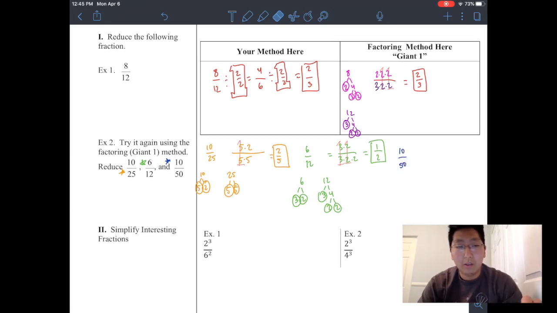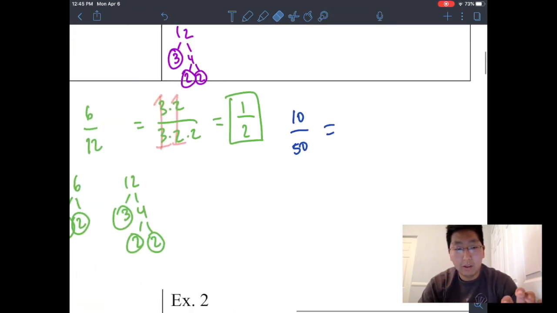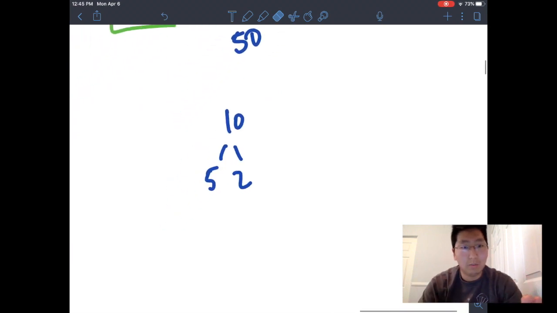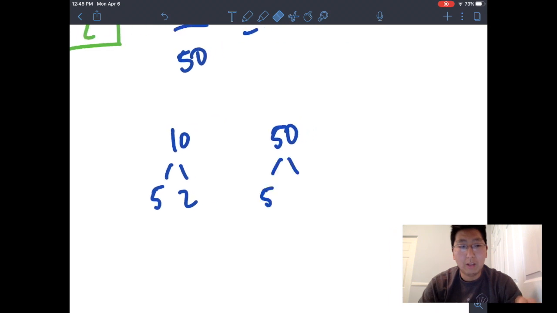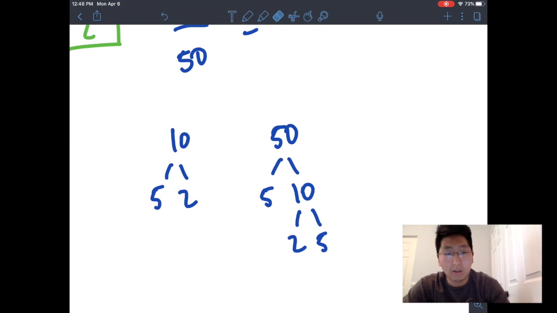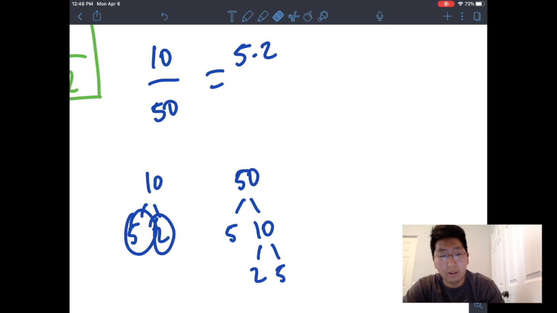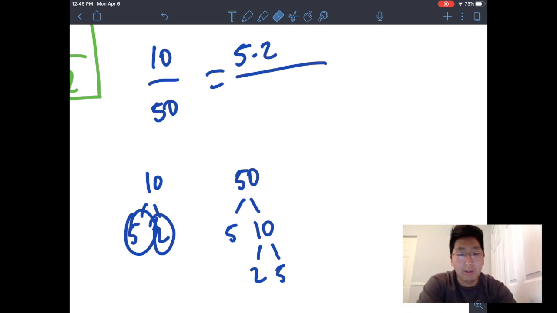All right. 10 over 50, we're going to break up 10. 10, we can break up to 5 times 2. That's broken down. 50, we could do 5 times 10. And then 10, we have to break down to 2 times 5. Okay? So instead of writing 10, I'm going to write 5 times 2 over 50, which is going to be 5 times 2 times 5.